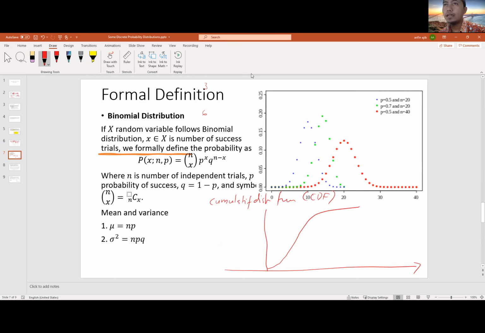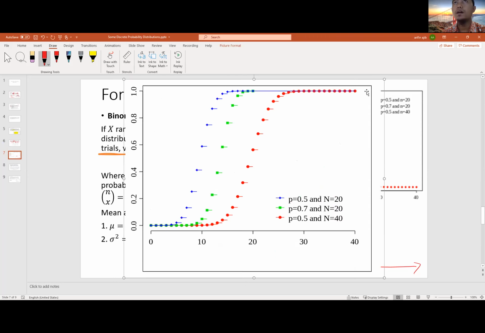For example, at this point it is cumulative, which means we should add up the previous probabilities. Maybe it is not so clear, so I would like to open the binomial distribution on Wikipedia. I copied the image and pasted it here. You can see it now.